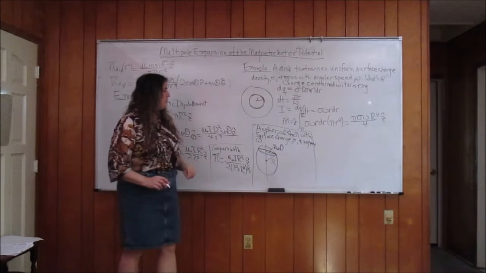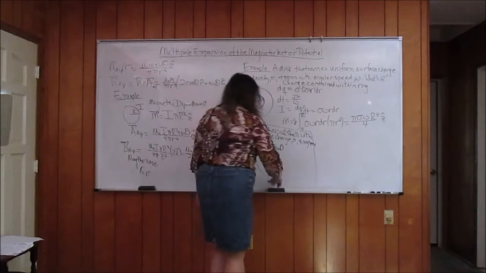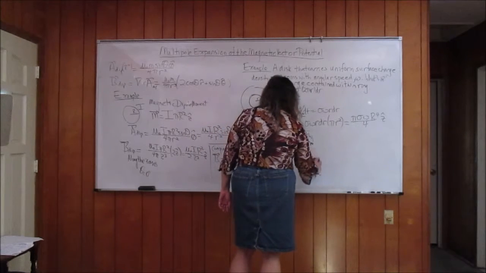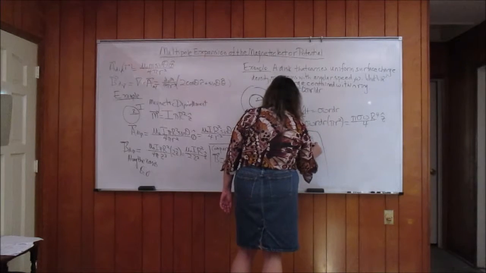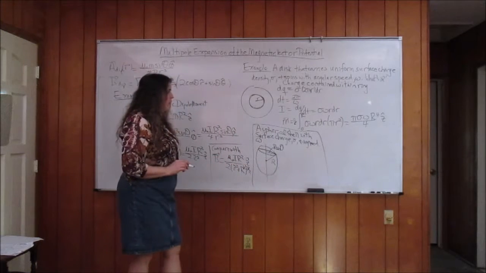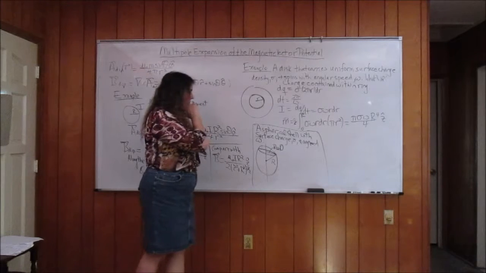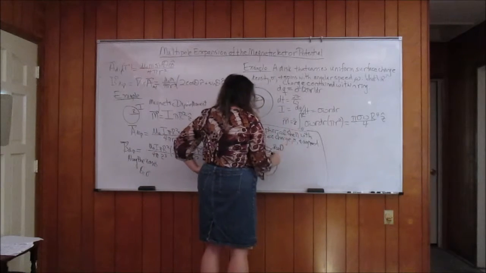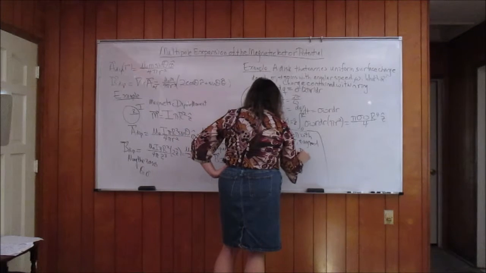How do I change my results so far? Well, I'm going to need to replace the radius by r sine theta. So my current is going to be sigma omega r sine theta.